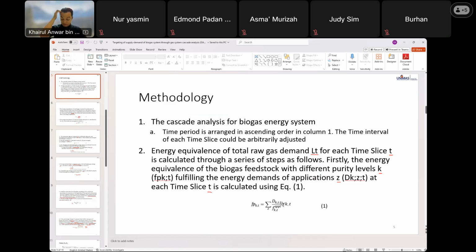See the derivation of energy demand for each application from raw data. So we have time slice T in this table 3. So each column has its own demand. Yeah, it is DZKT.